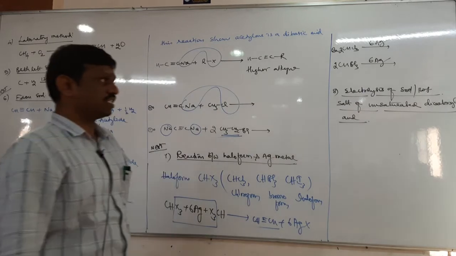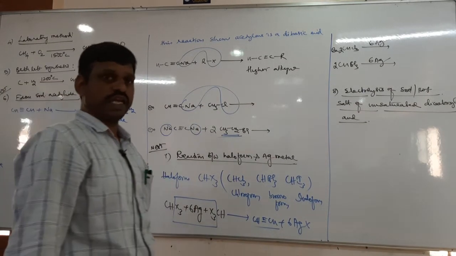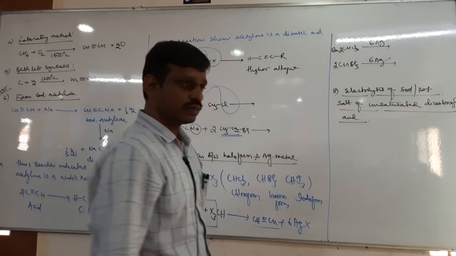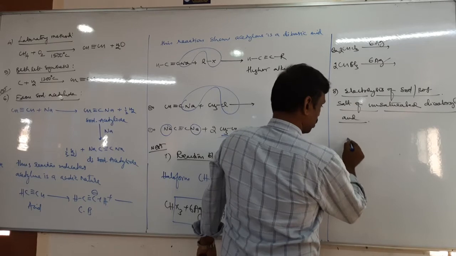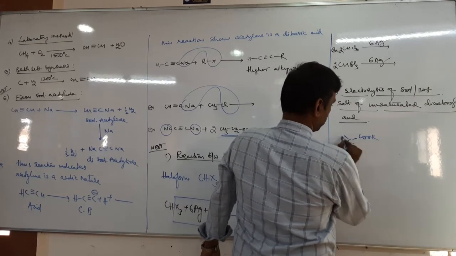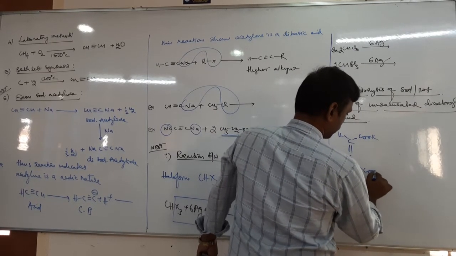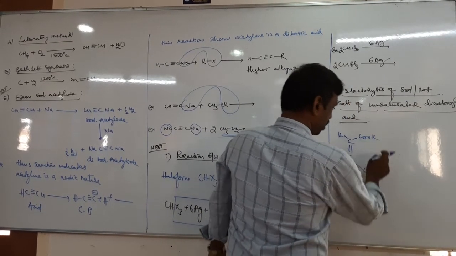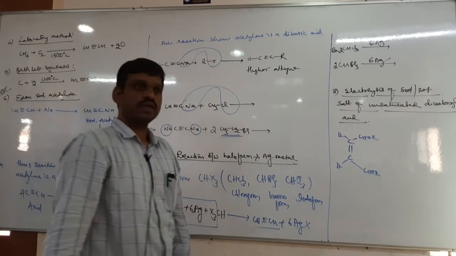So, electrolysis of sodium or potassium salt of unsaturated dicarboxylic acid. For example, this we have studied in geometric isomerism. Do you remember? In place of potassium, if I write hydrogen, it becomes what? Maleic acid.